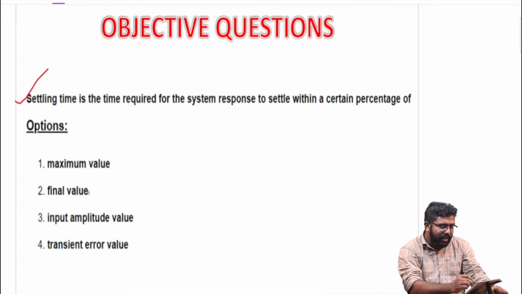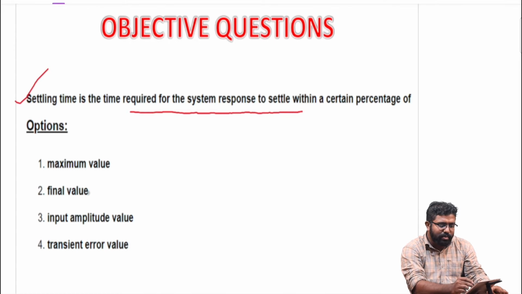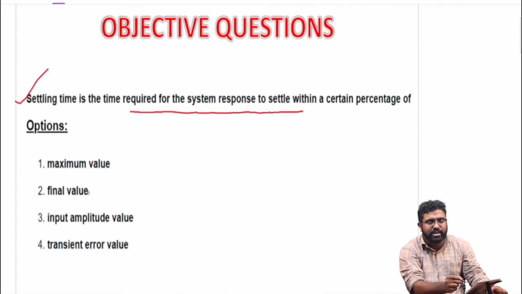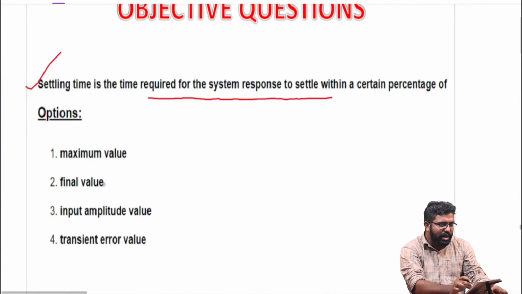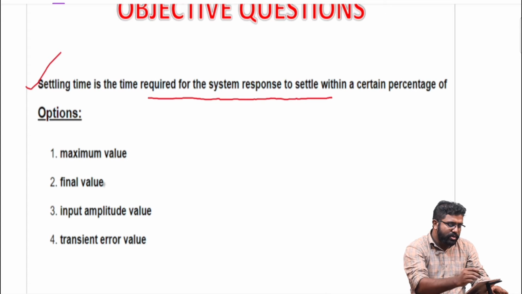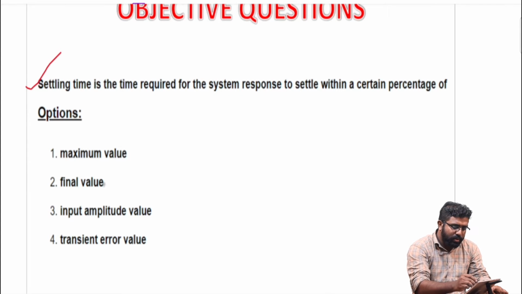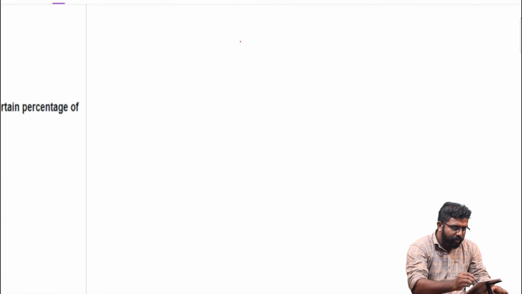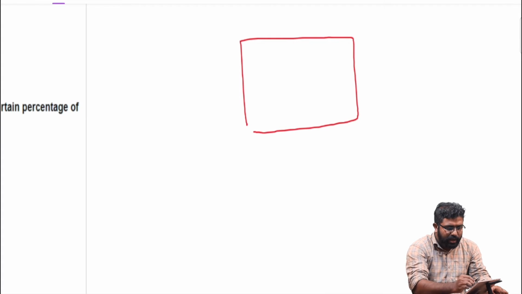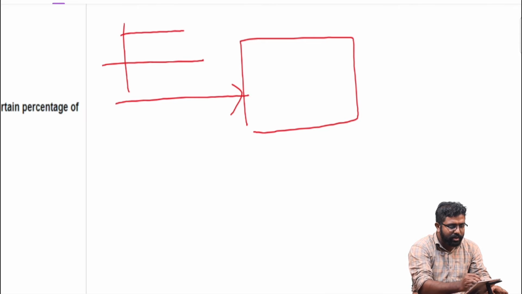Settling time is the time required for the system response to settle within a percentage of the final value. Again, it's a direct question. You know what settling time is, so please concentrate here. In a control system, you give a reference input.